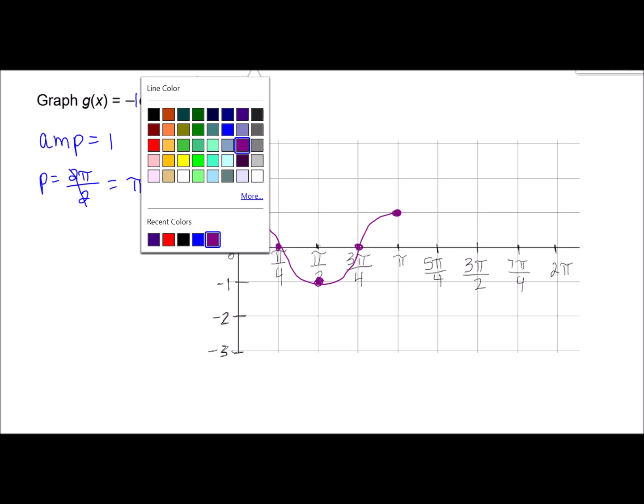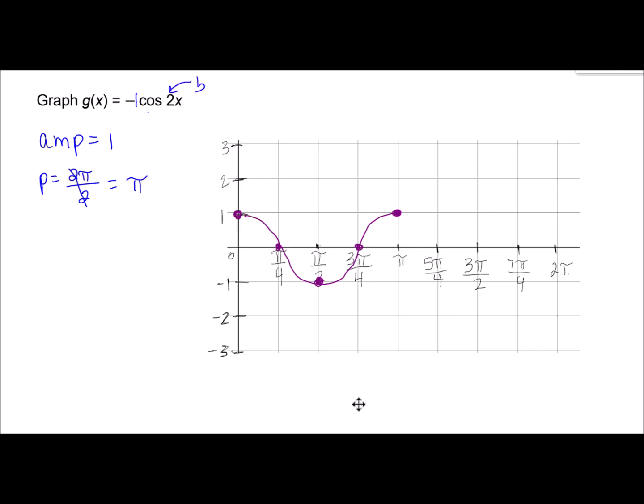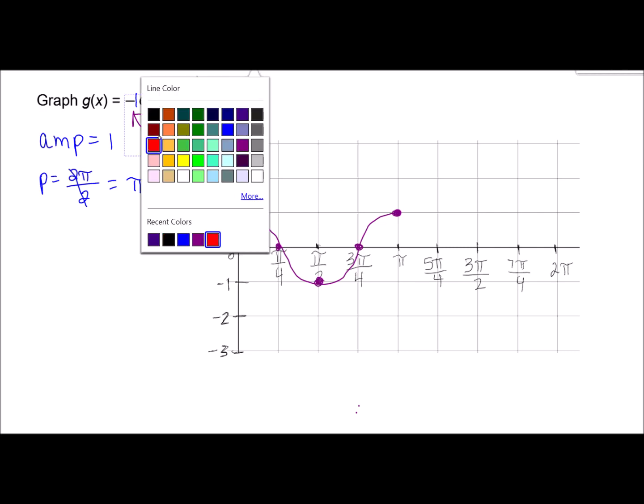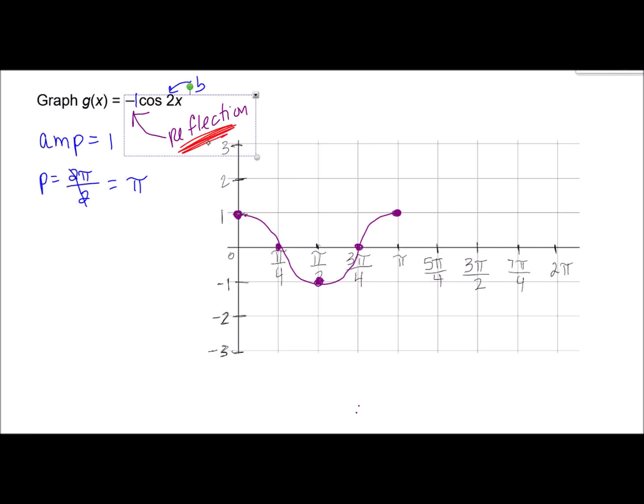But now let's go in and actually do that reflection. So this is going to be the reflected portion. I did the basic graph first, and then I'm going to come in later and do the reflection. So this guy up here was a maximum. Now he's going to flip down here and become a minimum.